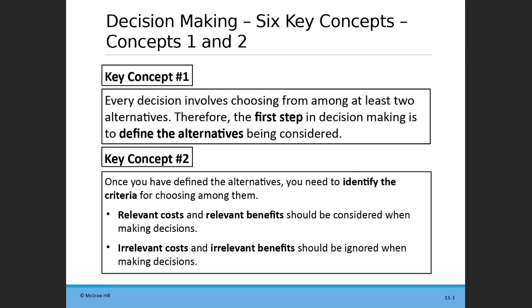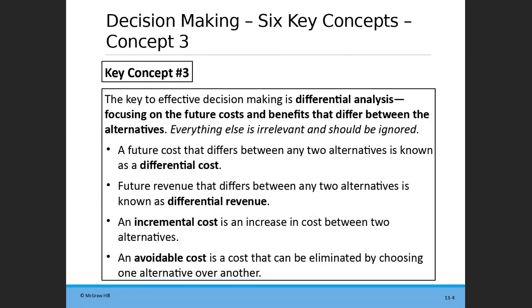Especially when it comes to some of your fixed costs, sometimes they're not really relevant to your ultimate decisions. You have to be careful, because remember, we're just allocating costs sometimes to product lines, and it's appropriate for getting to cost of goods sold and such, but it may not be relevant to our ultimate decision. So we'll talk about that more.